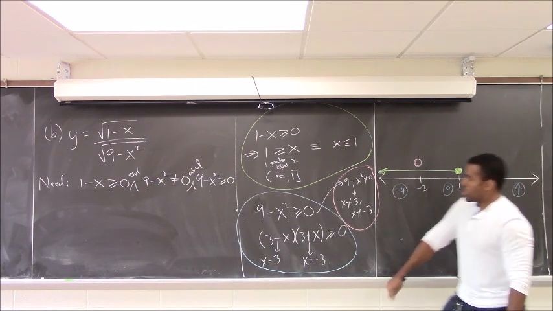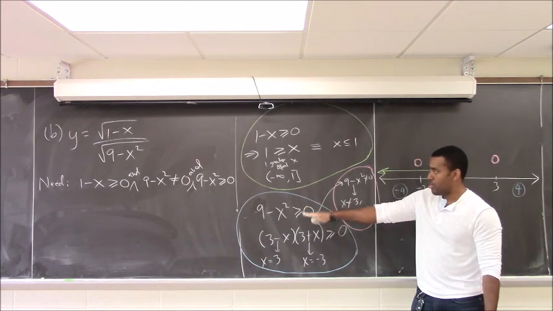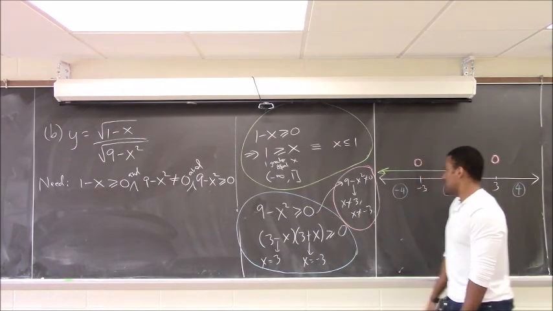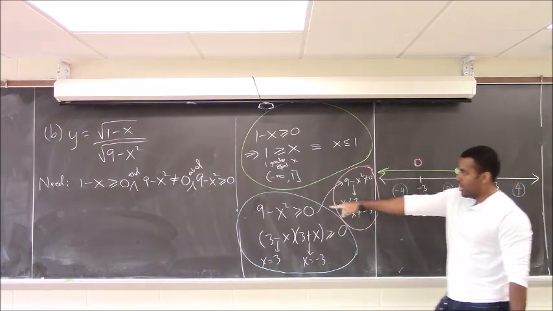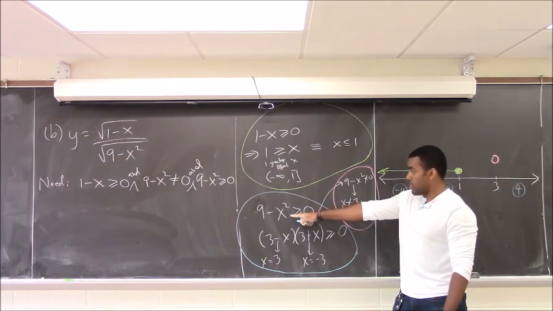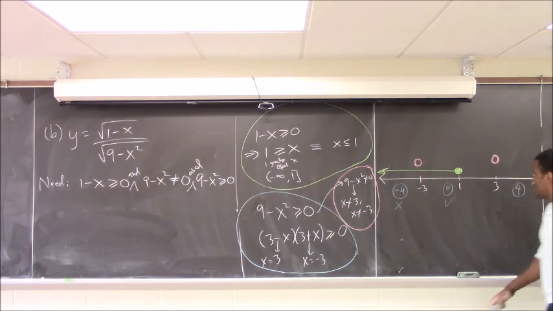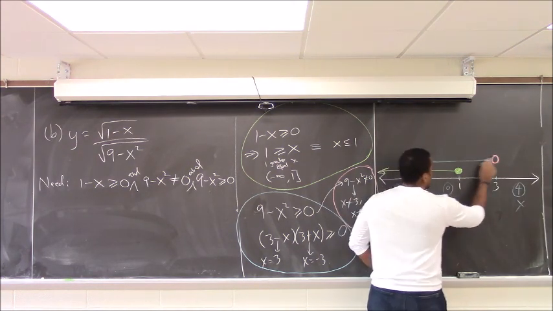If I plug -4 into this, I get 9 minus 16, which is negative, so this does not work. If I plug in 0 here, I get 9 minus 0, so the middle one works. If I plug in 4 here, I get 9 minus 16, so this one doesn't work. Which means strictly in between -3 and 3 works, right?